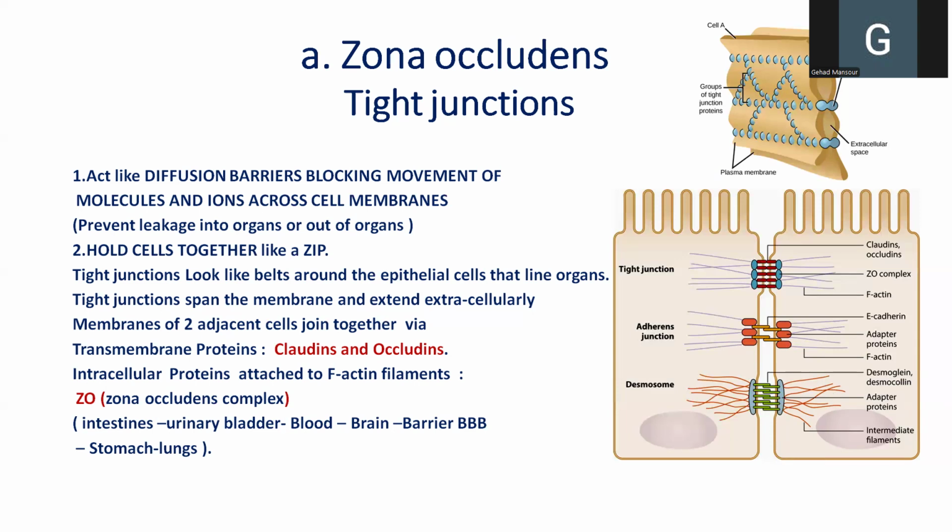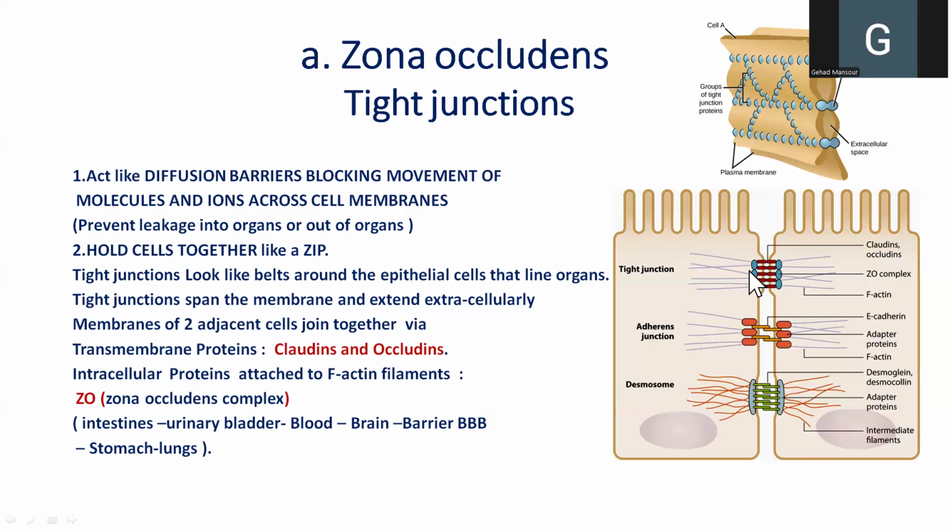And now we're going to read the slides in full detail and see the specific function of each one of these junctions, and most importantly, where those specific fibers are present in the human body. So the first type of junctions, which is the tight junction or the zona occludens, act like diffusion barriers, meaning that they prevent diffusion and they control or limit or even sometimes block the movement of molecules or ions across the cell membranes.